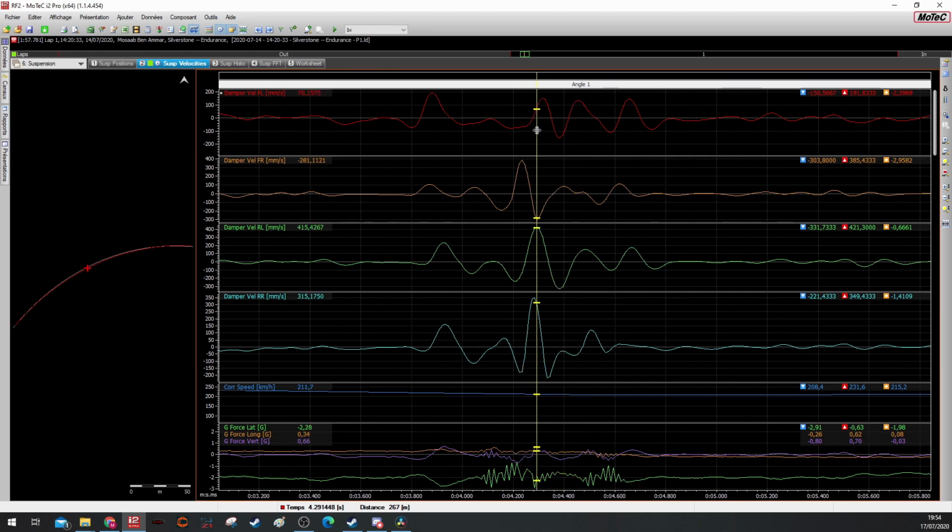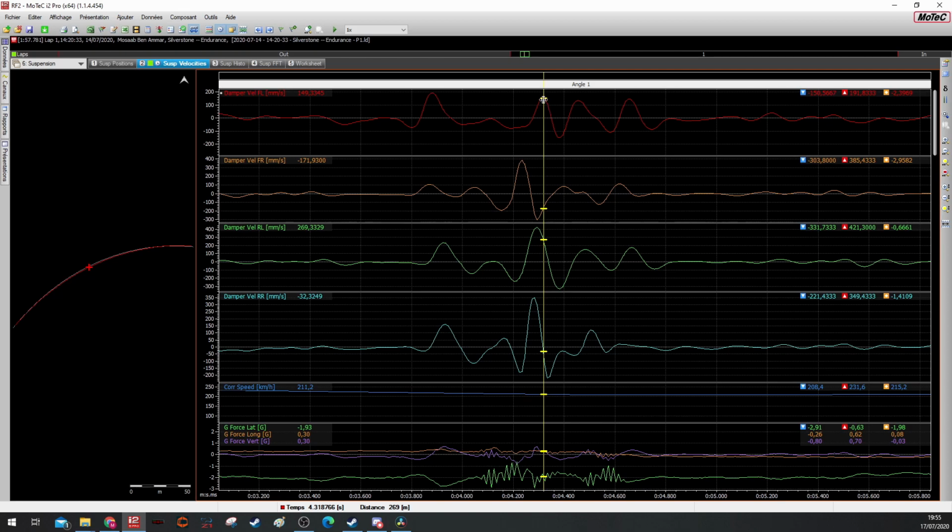Okay, so in theory, what the engineers will tell you is that when the suspension hits a bump, you need to have a similar shape on this graphic or these curves, which tells you that the fast rebound and the fast compression work at the same speed.